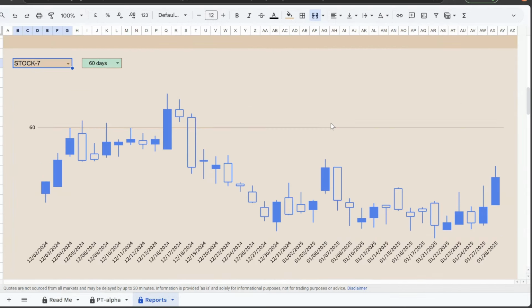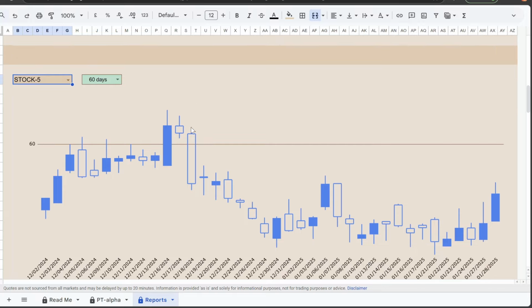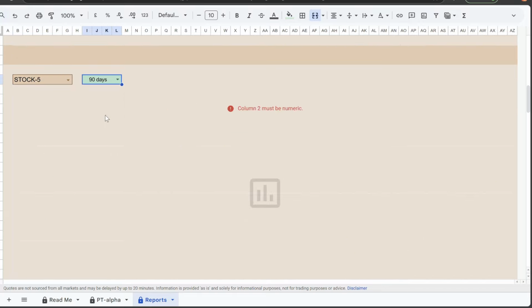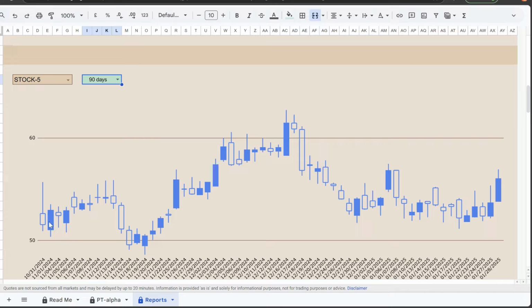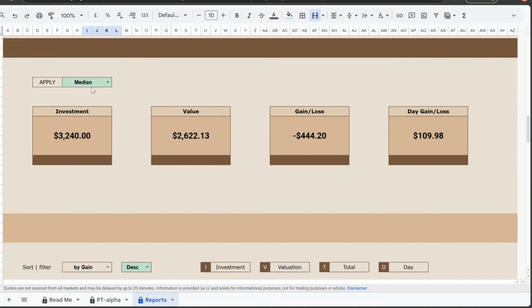Candlestick chart drop-down has all the stocks listed. Here, changing the stock will have no effect, since all of them are using the same ticker, for example. Details section will consider all 25 stocks while applying the criteria.